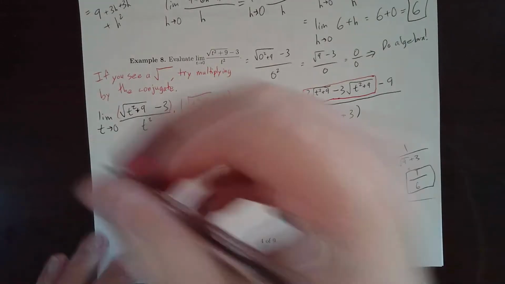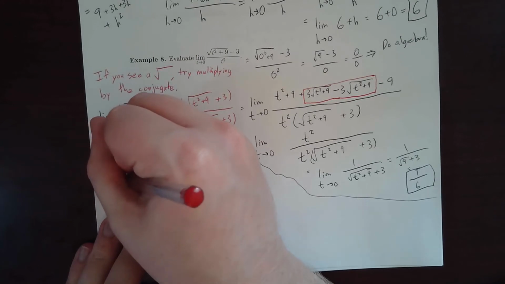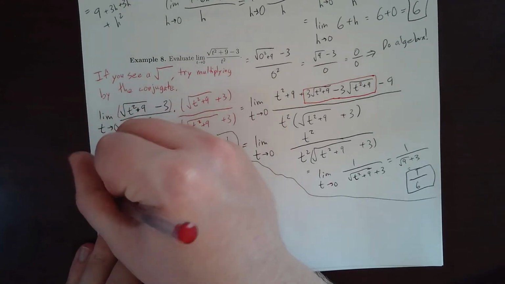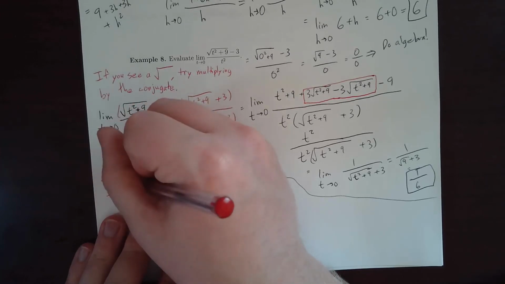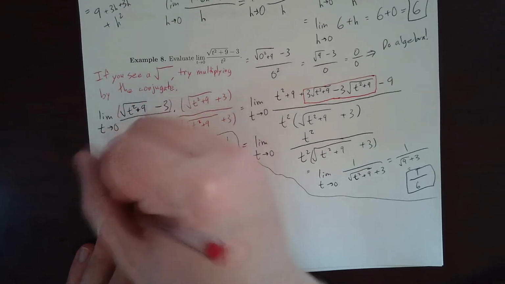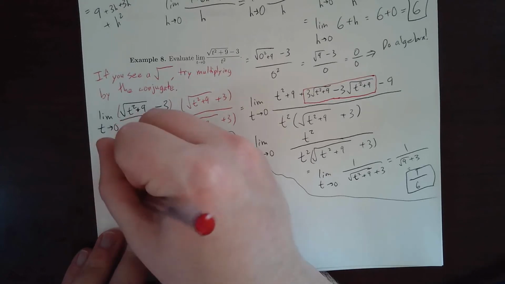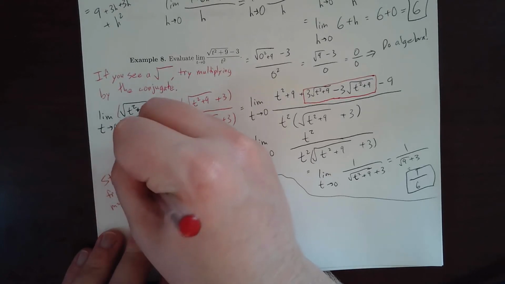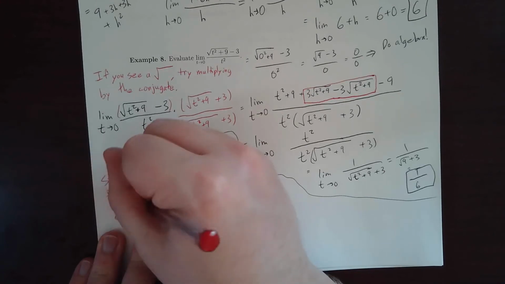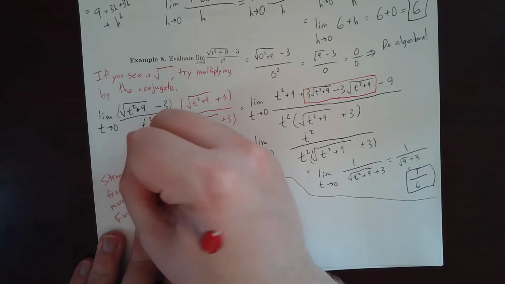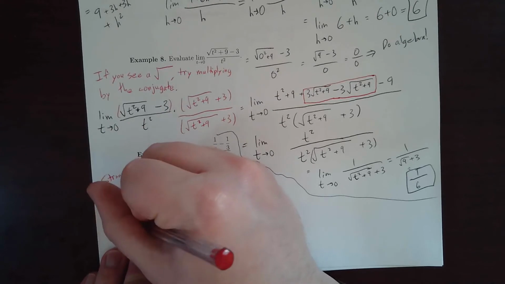So, strange fractions. Usually this is fractions with more fractions. Find a common denominator.